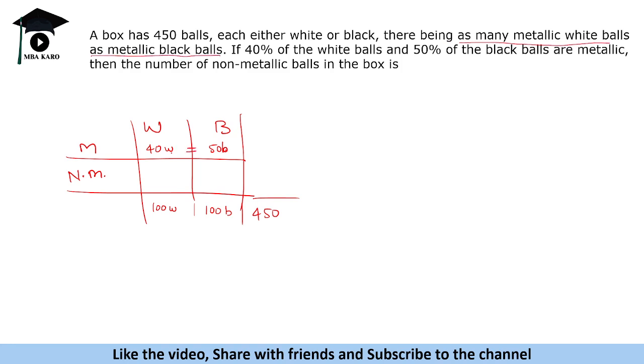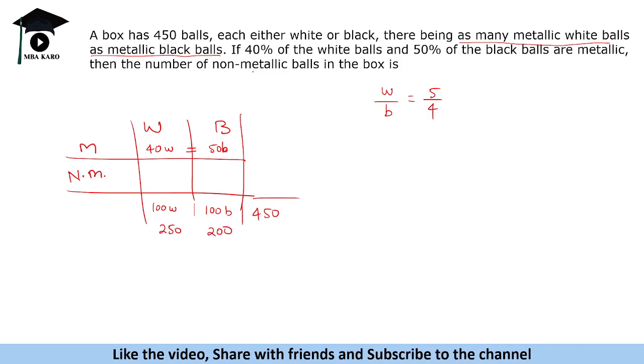So 40w equals 50b. So W upon B is equal to 50 upon 40, which is 5 by 4. So this will be 250 and this will be 200.